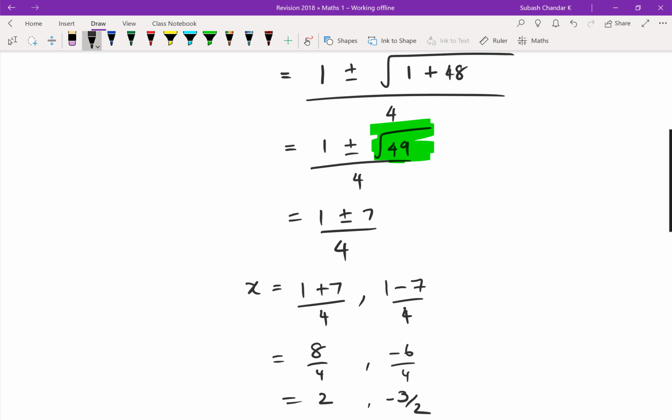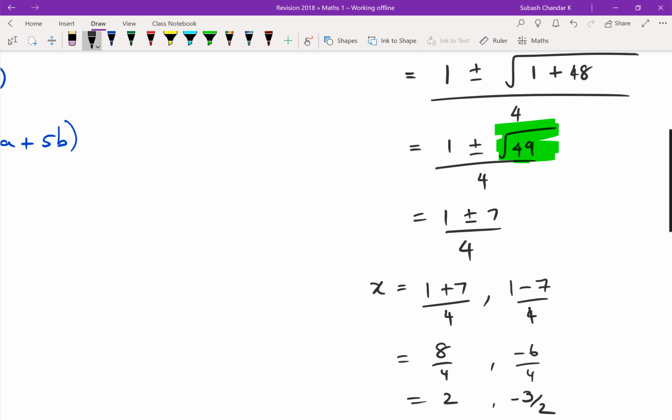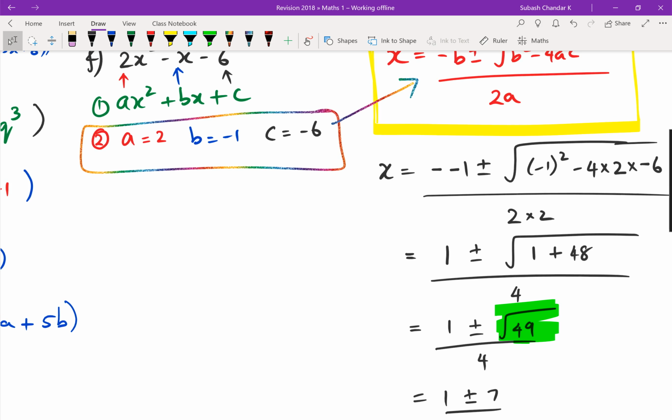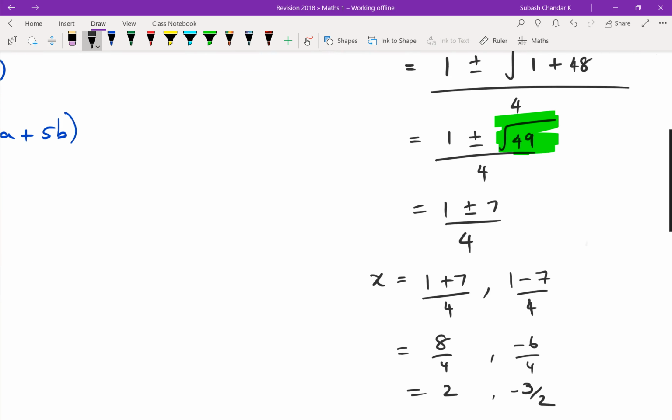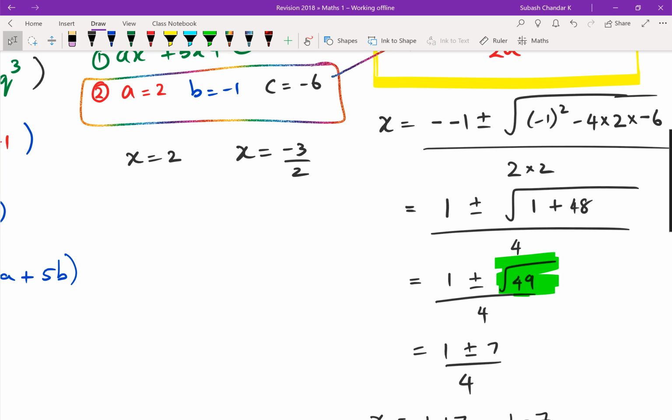But you've got to put it back into brackets. So if I go back here, I've got one of my answers, x equals 2, and my other answer was negative 3 over 2. So here's what you have to do: you just have to rearrange so that there's zero on the right hand side. In the first part, I'm going to go x minus 2 equals 0.